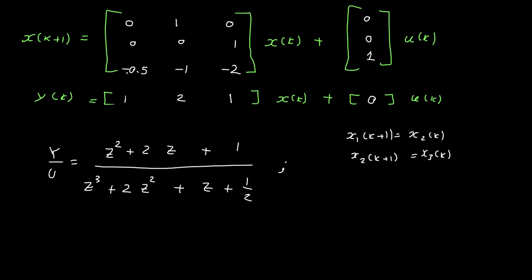If I'm having more, let's assume I'm having x3 of k plus 1 equal to x4 of k, x4 of k plus 1 is equal to x5 of k. Let's assume it's fifth order.